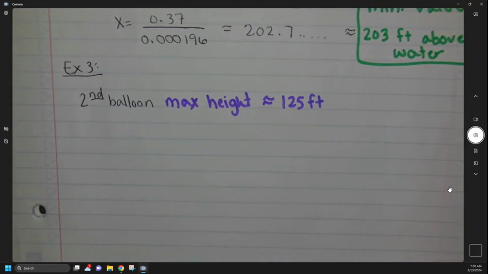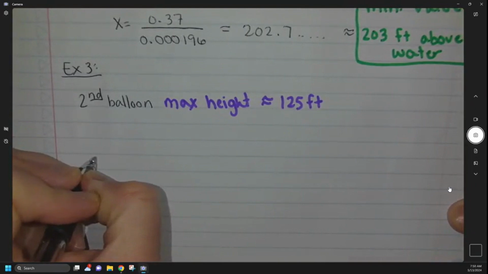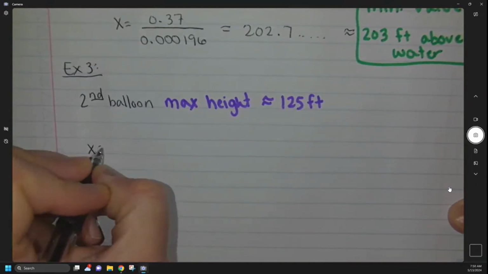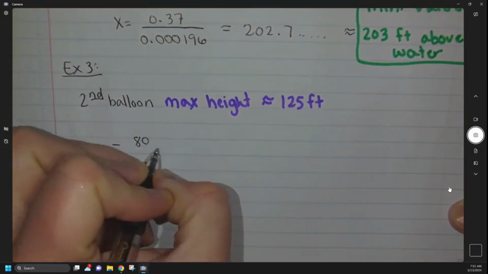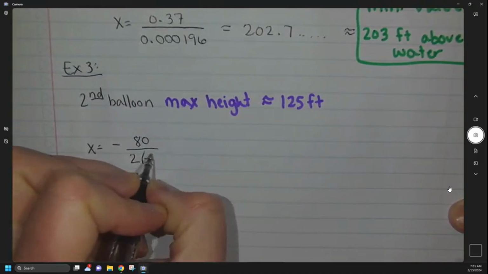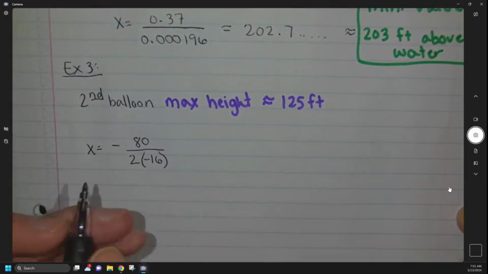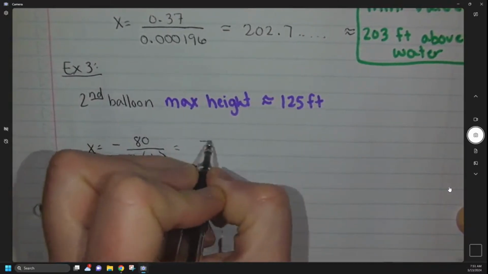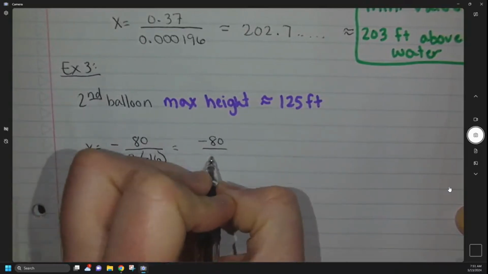So now let's use our equation or function to figure out that max height for the first water balloon. So let's do x equals negative, and then our b value is positive 80. So 80 over 2 times a, and in this case, a is negative 16. So to simplify that, I've got negative 80 over 2 times negative 16 is negative 32.